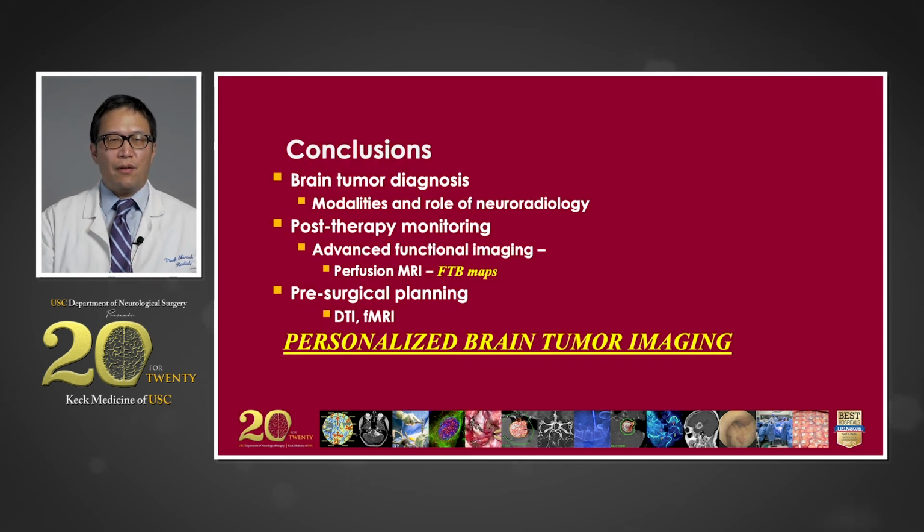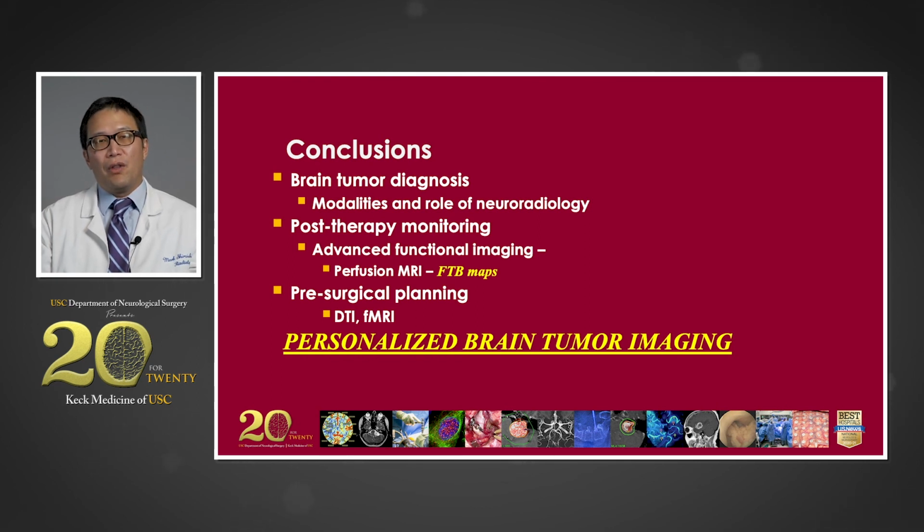So in conclusion, I think I've given you an overview of the brain tumor imaging program we have here at USC. I've gone over the use of neuroradiology in brain tumor diagnosis, and I spent quite a bit of time dealing with the critical role that neuroimaging has in post-therapy monitoring, and I've highlighted some of the unique aspects of the advanced imaging programs here at USC, with particular respect to the fractional tumor burden maps that we now have, which we've just added here at USC, as well as some of the pre-surgical planning with respect to the diffusion tensor imaging and the functional MRI that we can do to optimize the safety of the brain tumor surgeries.